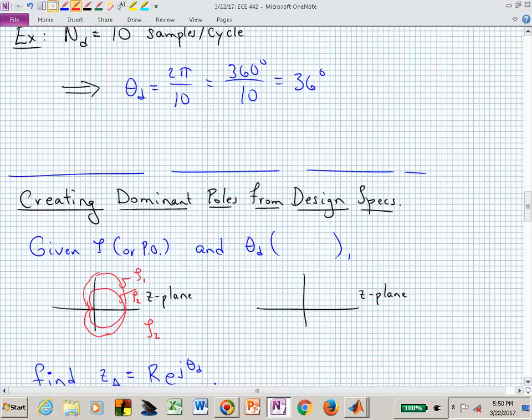Is zeta 2 bigger or smaller than zeta 1? And how are you going to maybe do a gut check on that? What do you know relative to zeta? If zeta is equal to 0, how much damping do you have? If zeta is our damping ratio, and if that's equal to 0, if we have 0 for a damping ratio, how much damping do we have?